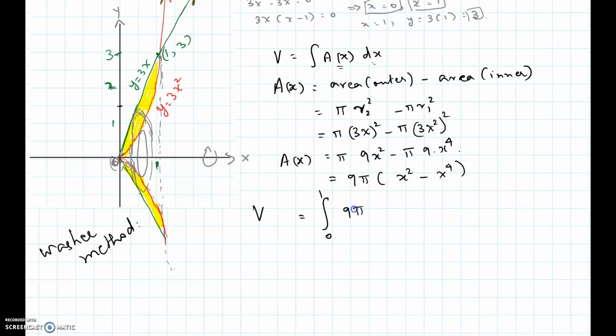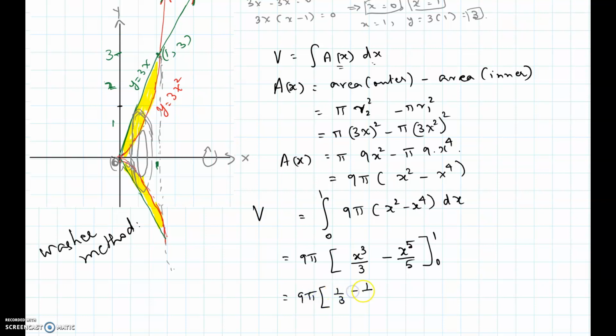So 9 pi times the integral of x square minus x to the power 4 dx. 9 pi is pulled out of the integral sign, being a constant. Now integrate x square, which is x cube over 3, minus x to the power 5 over 5, between the limits 0 and 1. So it is 9 pi times 1/3 minus 1/5.